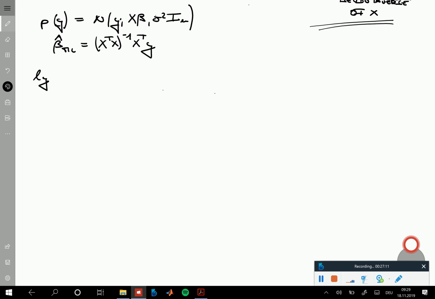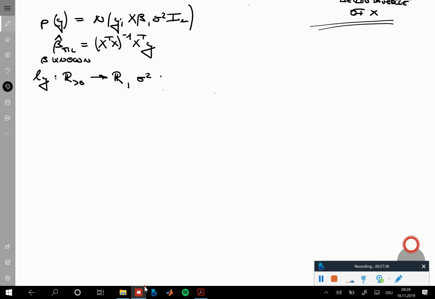Maybe we do it a little bit differently than in the script. We now assume that beta is known, and we look at the log likelihood function with respect to the variance parameter. So we only have the log likelihood function as a function of sigma square.